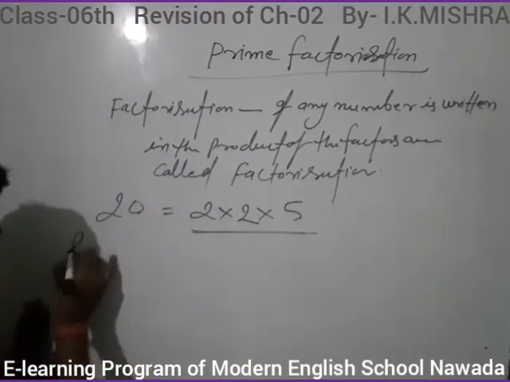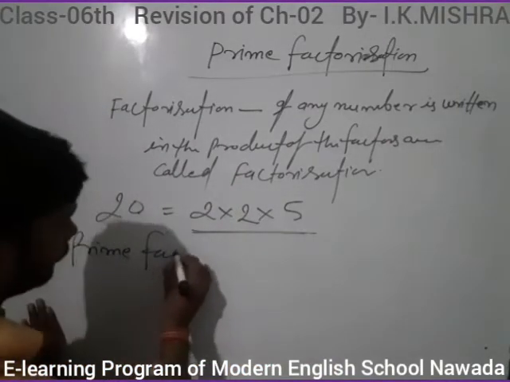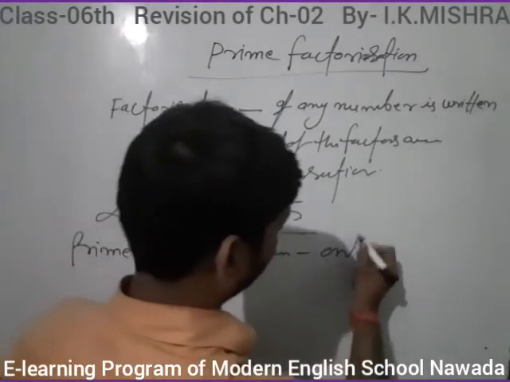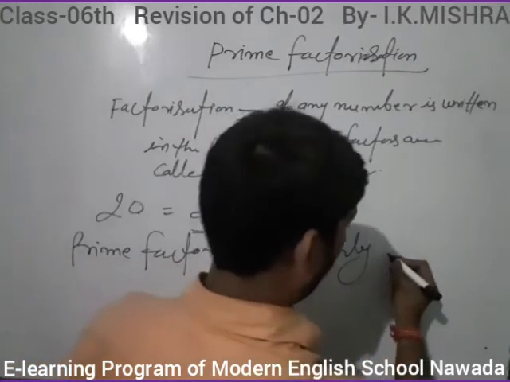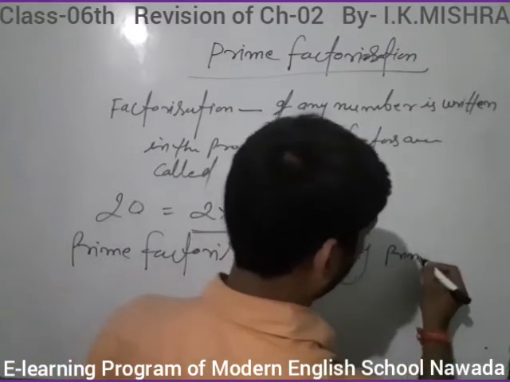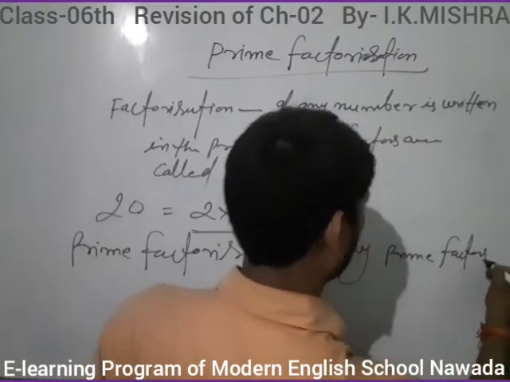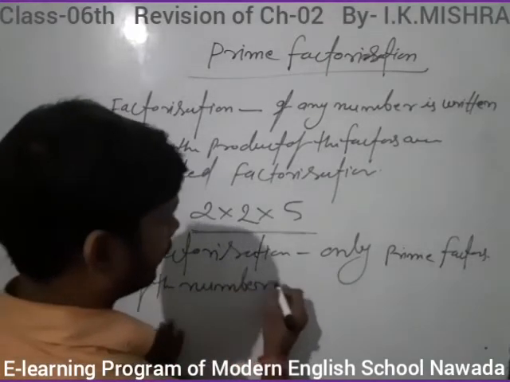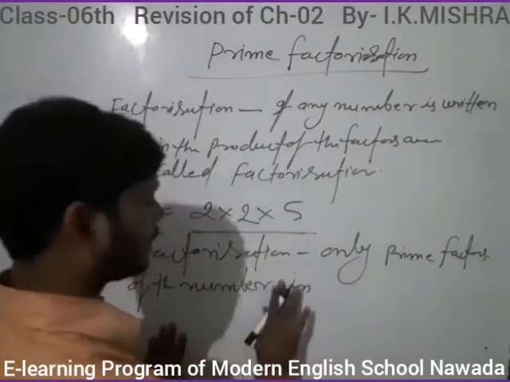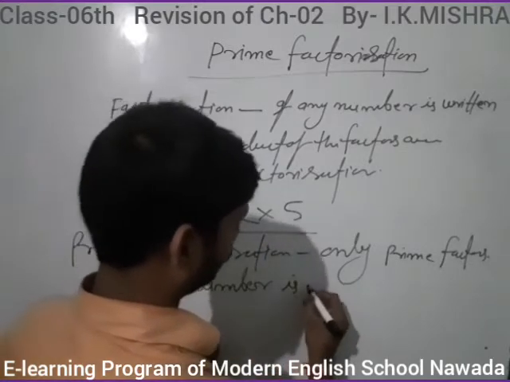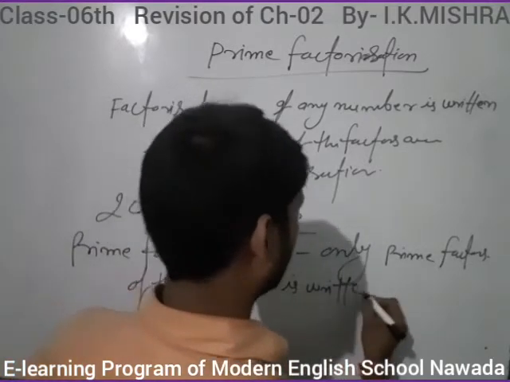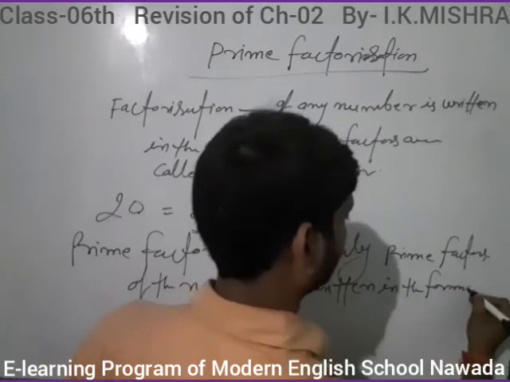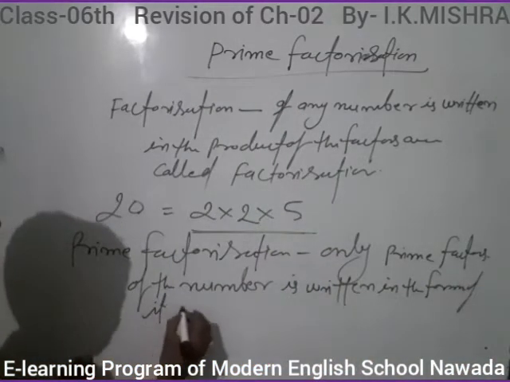So in prime factorization, only the prime factors of the number are written in the form of its product.